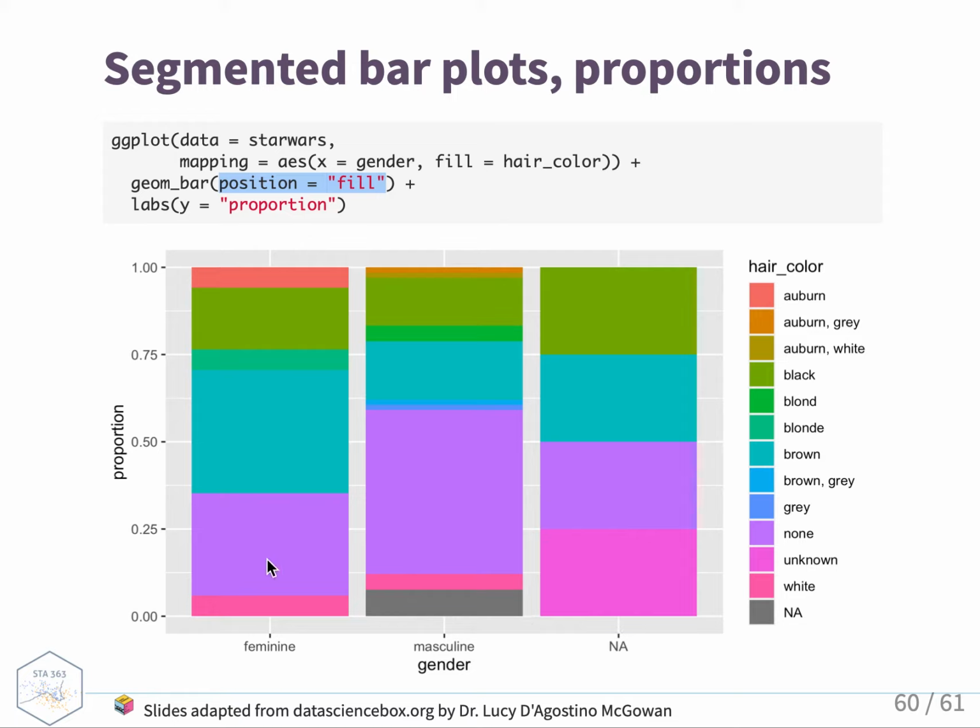This is nice if you want to know, among the females, are they more likely or less likely to have brown hair compared to the masculine gender? And it looks like here, because there's a larger proportion in the female category compared to the male category, that we could draw that claim.